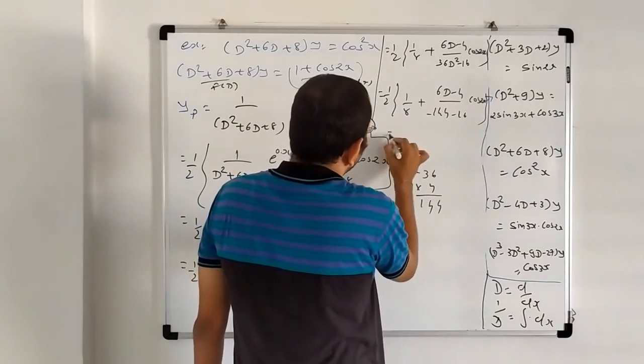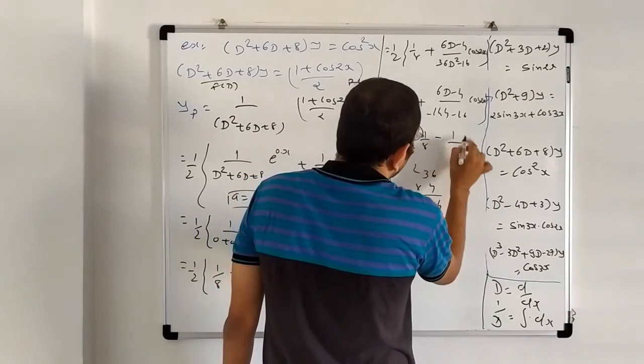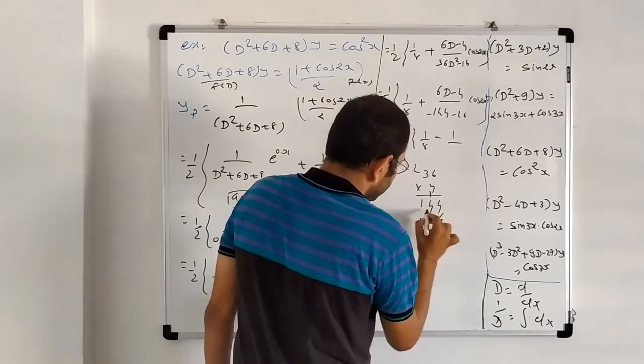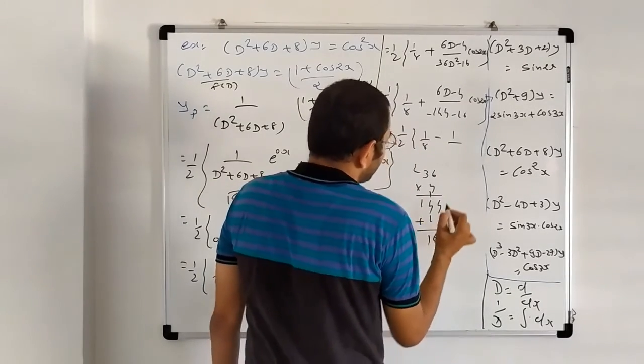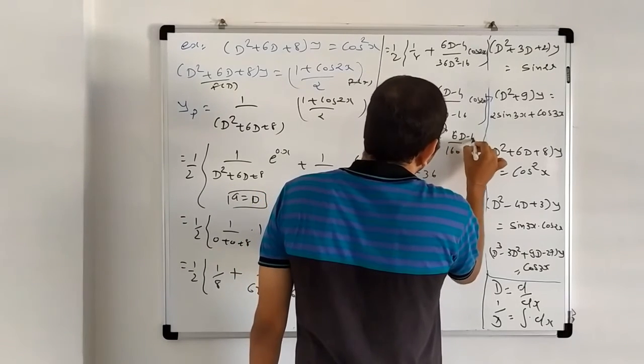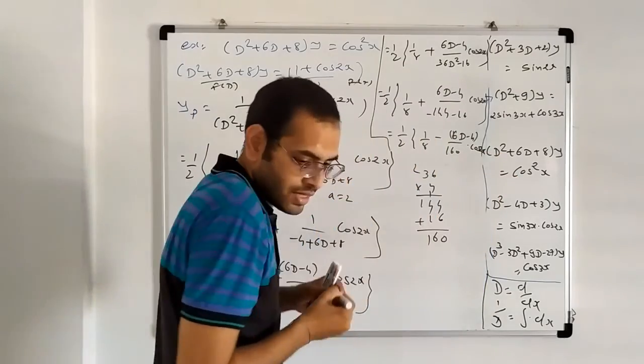Here we get 1 by 2, 1 by 8 plus (6D minus 4) by minus 160, into cos 2x.